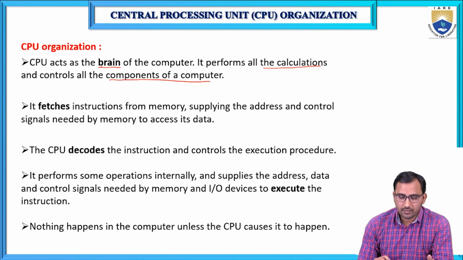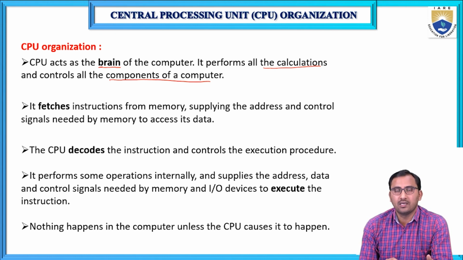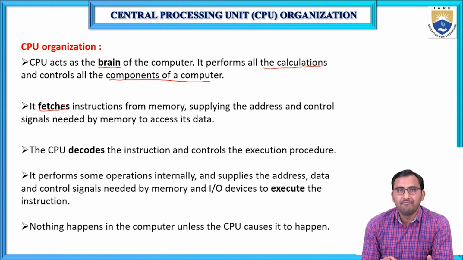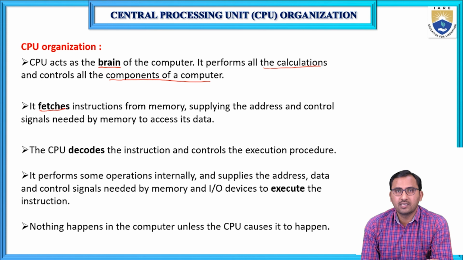The main task of the CPU is to execute instructions. Before executing an instruction, the CPU has to fetch it from the memory. Fetching is nothing but retrieving the instruction from the memory.